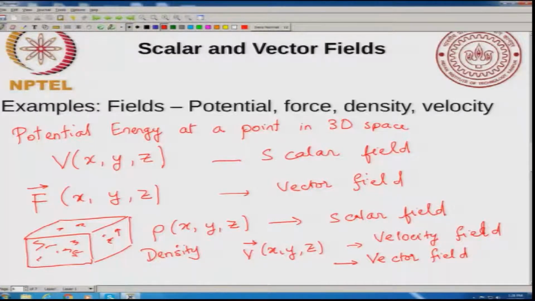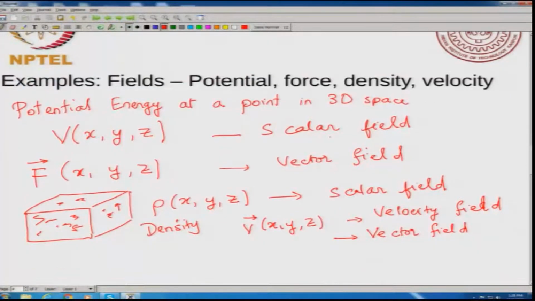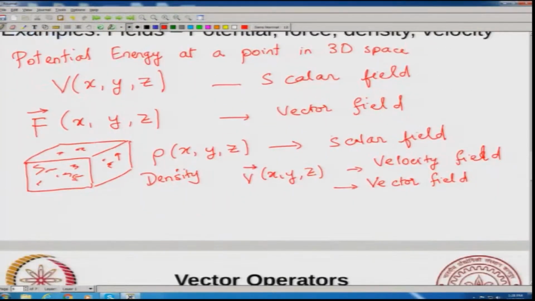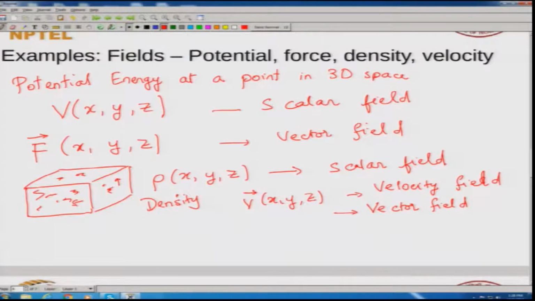You can think of the velocity at any point in the fluid as a vector field. So these are some examples of scalar and vector fields. Of course, there are many more examples, but I just wanted to say where you encounter these kinds of objects. In fact, as we said, any function of multiple variables you can think of as a scalar field.